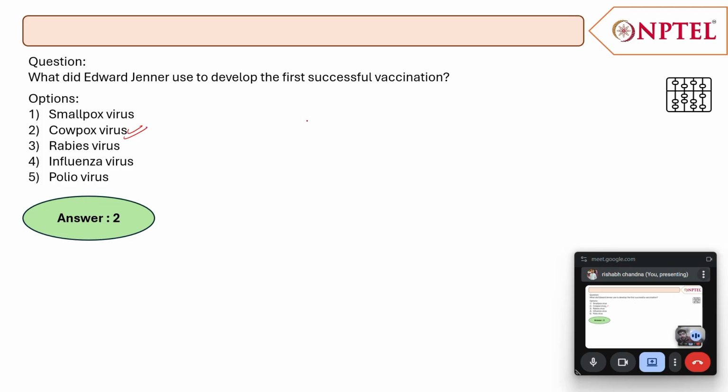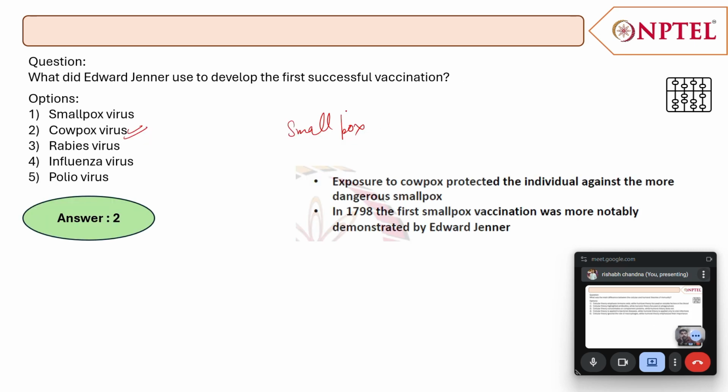Okay, so at that point of time, smallpox was very evident. The scientist Edward Jenner saw that in cows there was another similar type of disease, that was cowpox.